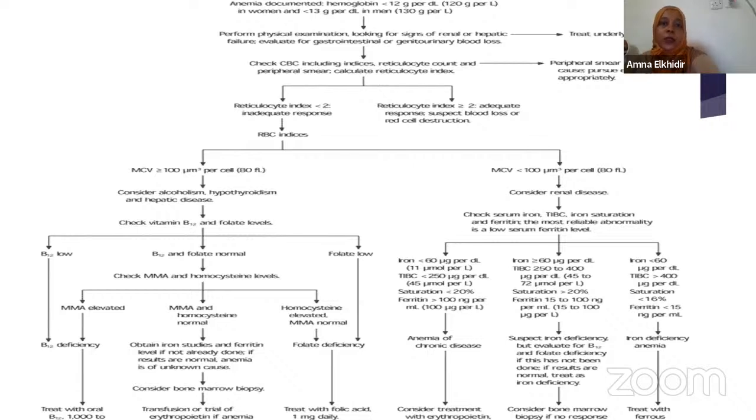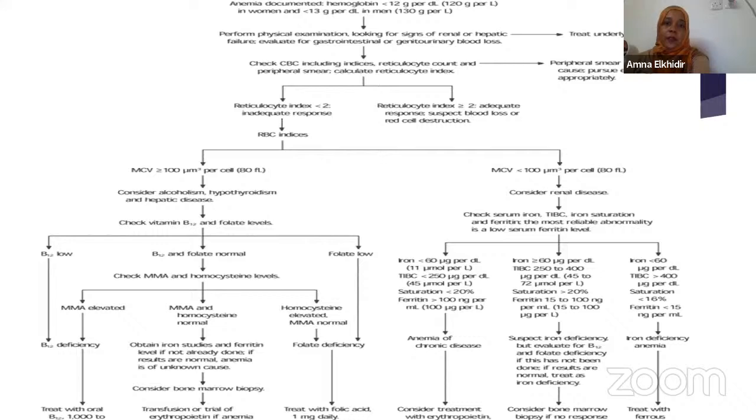If we find an adequate response, a reticulocyte index of 2 or more, we suspect blood loss or RBC destruction. When the reticulocyte index is less than 2, there is inadequate regeneration of RBCs.